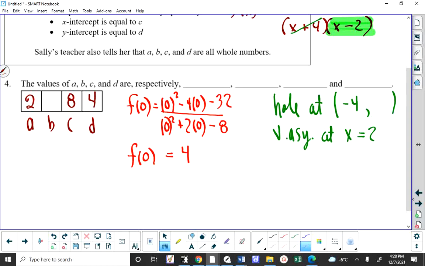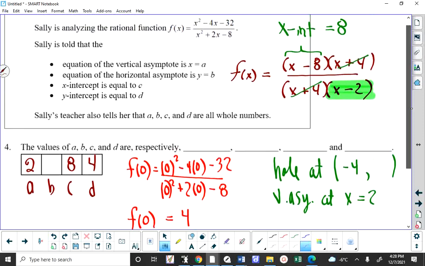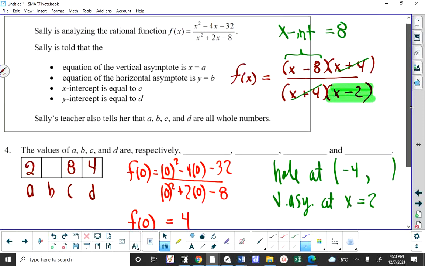The horizontal asymptote is found by using the rules that we learned on Monday, and that rule set in this case asks us to compare the coefficients in the numerator and denominator because the degree in the numerator and the degree in the denominator are the same.